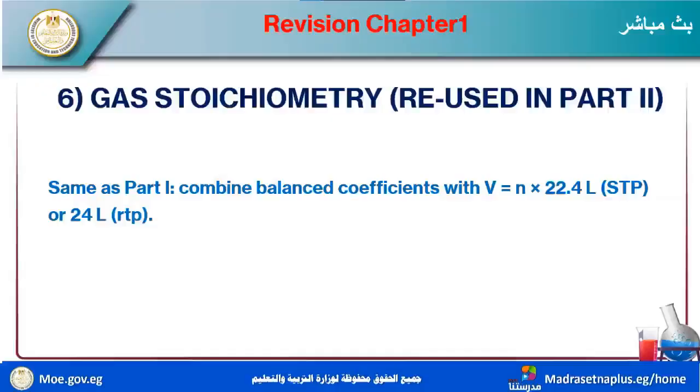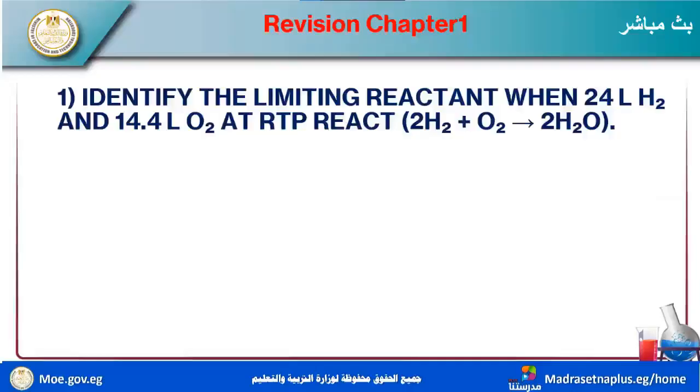This is STP, not RTP. If you are using RTP, you must multiply by 24, not 22.4. This is the difference between STP and RTP. Focus on the condition. If I ask you the condition STP, now you use 22.4.